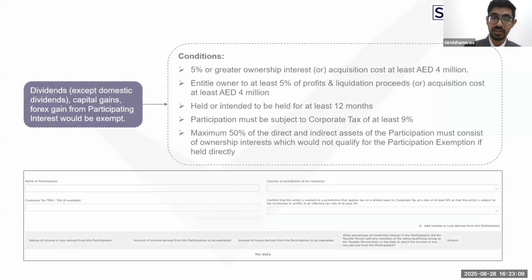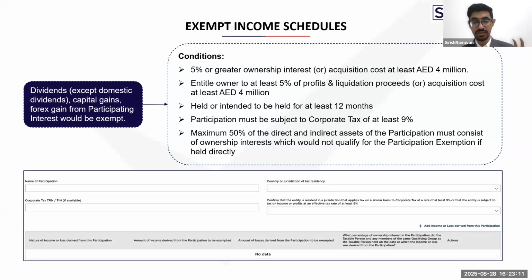The next exempt income schedule is the participation exemption schedule. Before going into the schedule, let us have a brief look at the participation exemption conditions. Basically, any kind of dividend, capital gains, or forex gain or loss that you derive from a participating interest is going to be excluded for corporate tax purposes.